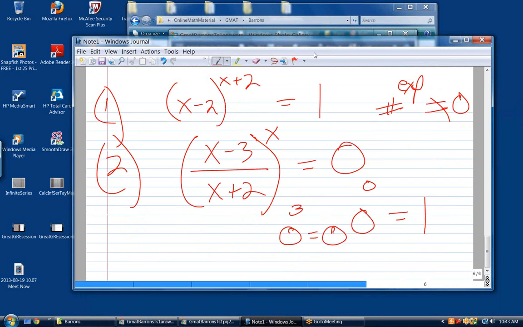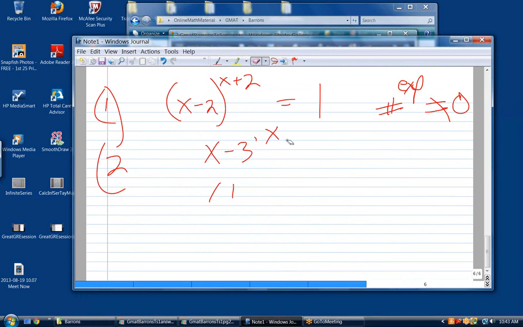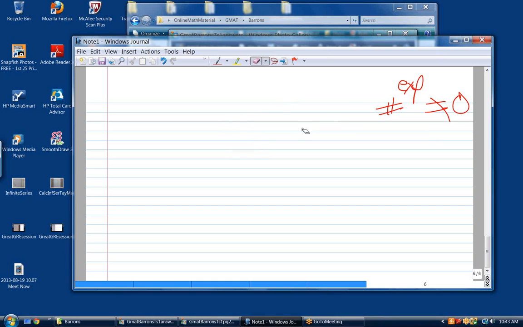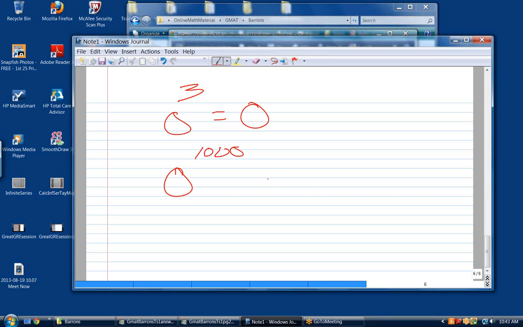Very tricky, because it's so bizarre that this is true that, I mean, most people would never believe this. 0 to the 1,000th power is 0, but 0 to the 0th power is 1.